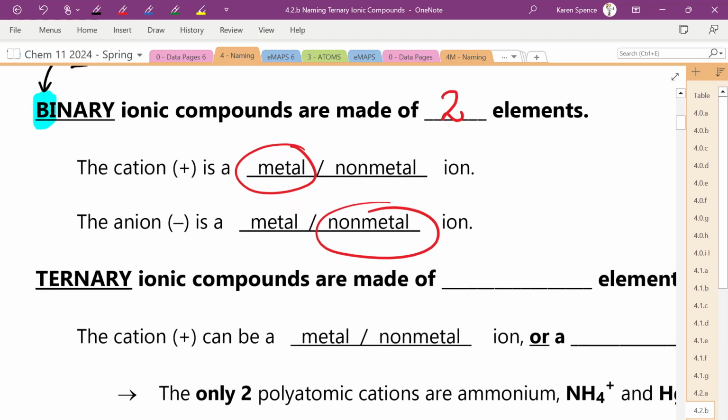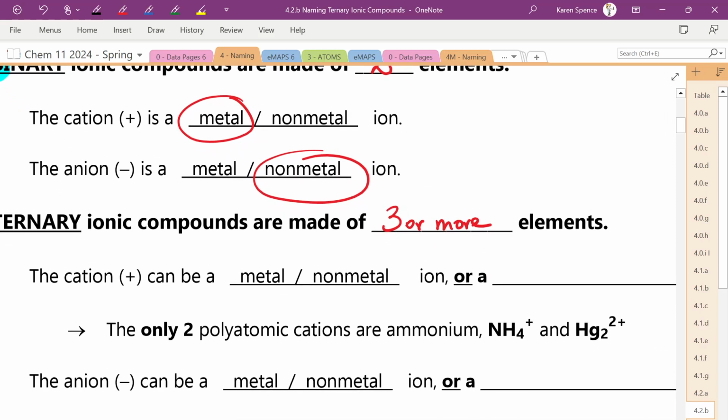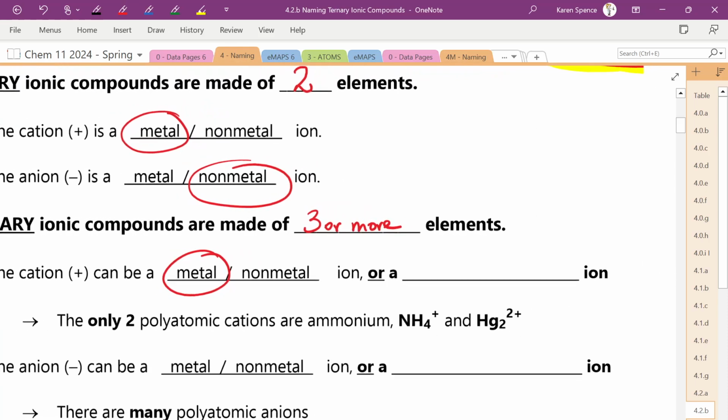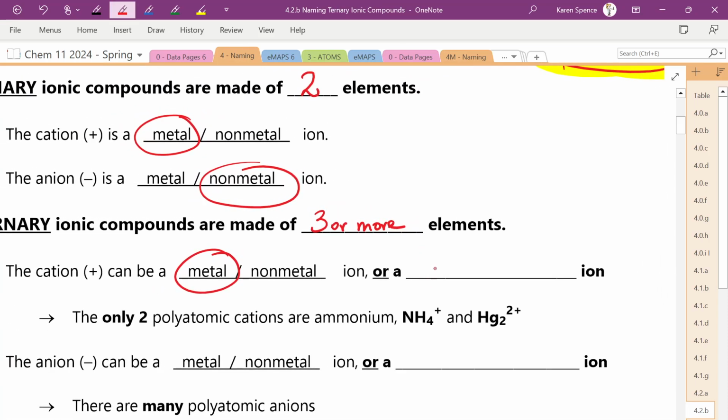Now these ternary ionic compounds are made of 3 or more elements. The cation can be a metal or it can be a, what is the other thing that we call those ions? Those ions we were just looking at are called polyatomic ions. There are only 2 polyatomic cations, and we just looked at those.